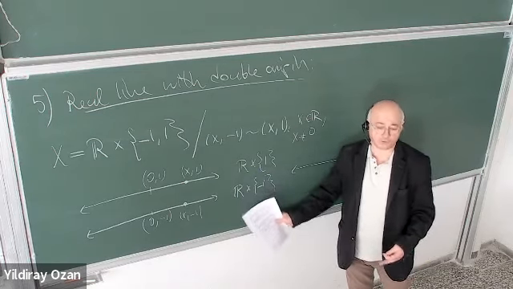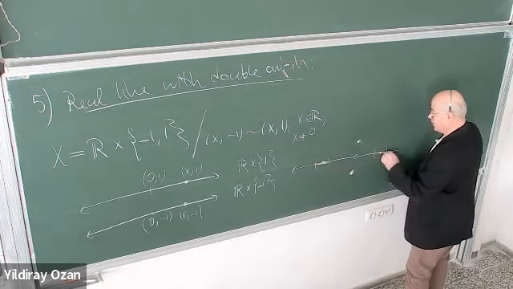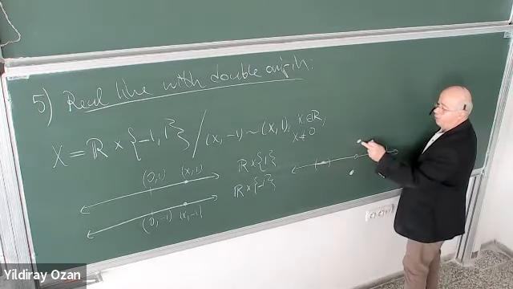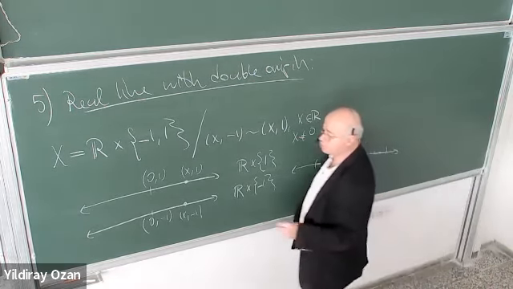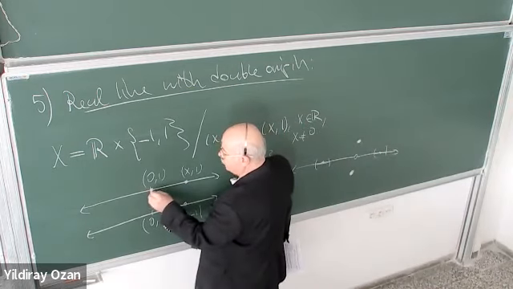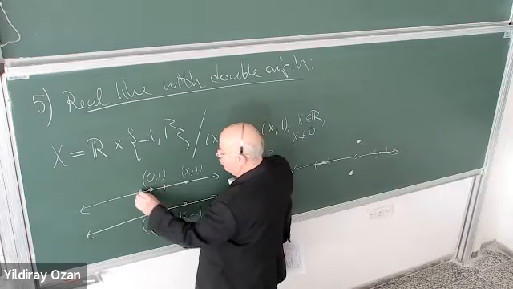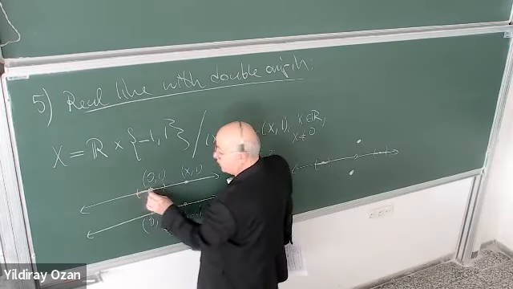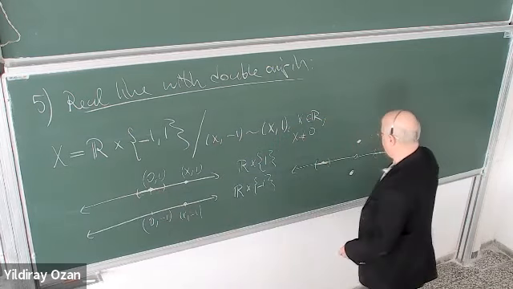What are the open sets? Open sets are, for example, this is an open set. This is an open set. What about open sets containing this point? An open set containing this point is actually nothing but the image of an open set containing this point. So an open set containing this point is something like this, right? It contains a ball like this. You look at the image of this in the quotient. What is the image then?